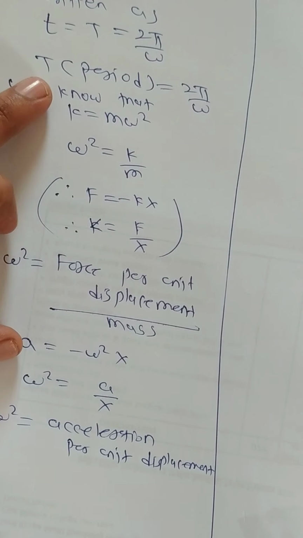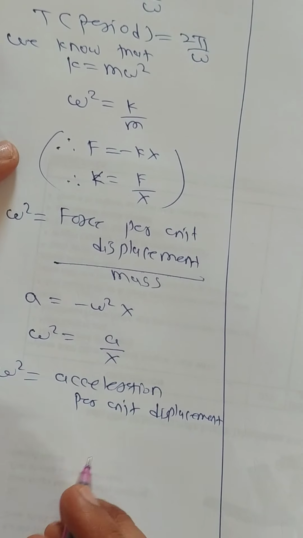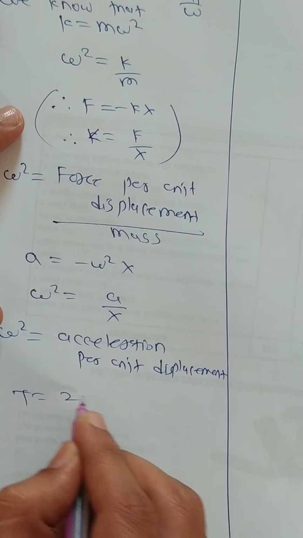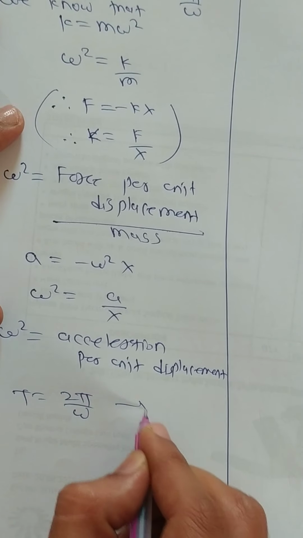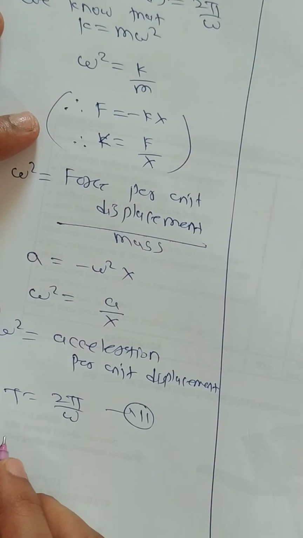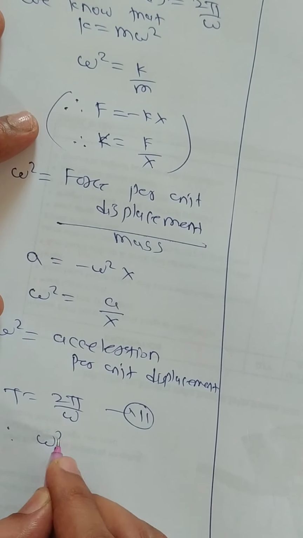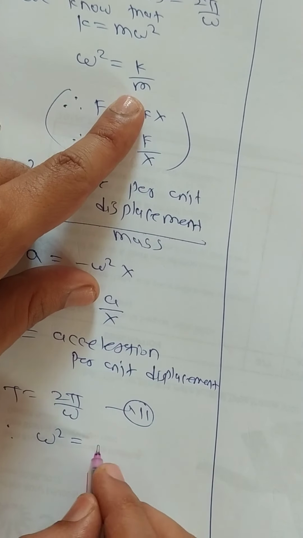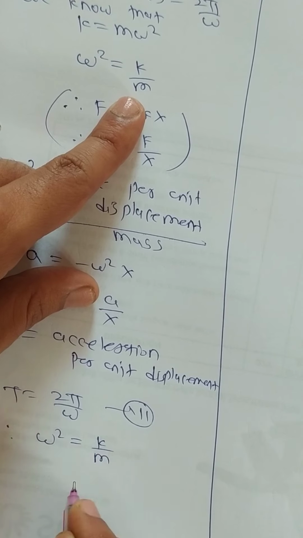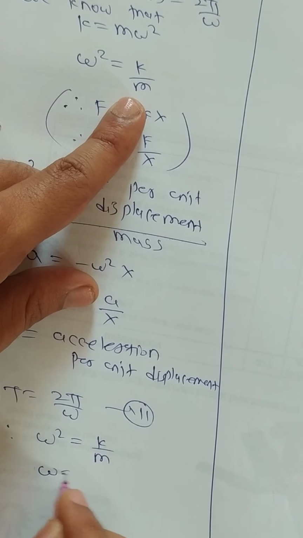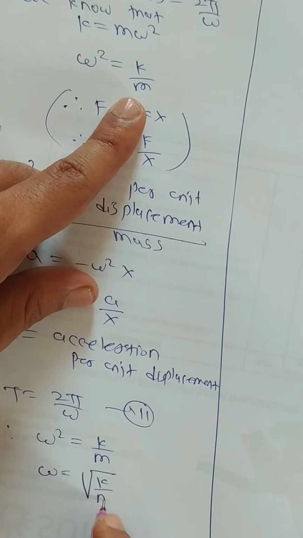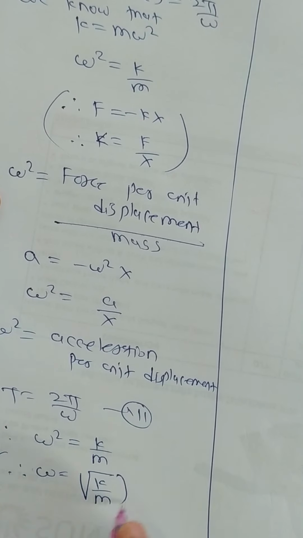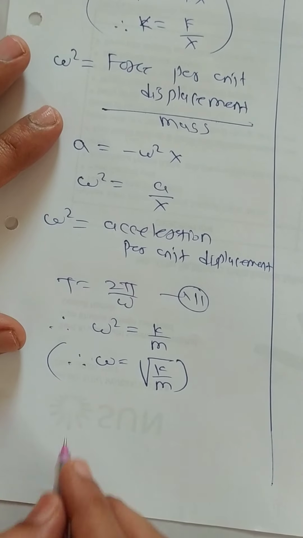Now we have to calculate the value of T. So this is your equation 3: T is equal to 2 pi upon omega. And we know that omega square is equal to k upon m, and omega is equal to under root k upon m. Now put this value in equation 3.